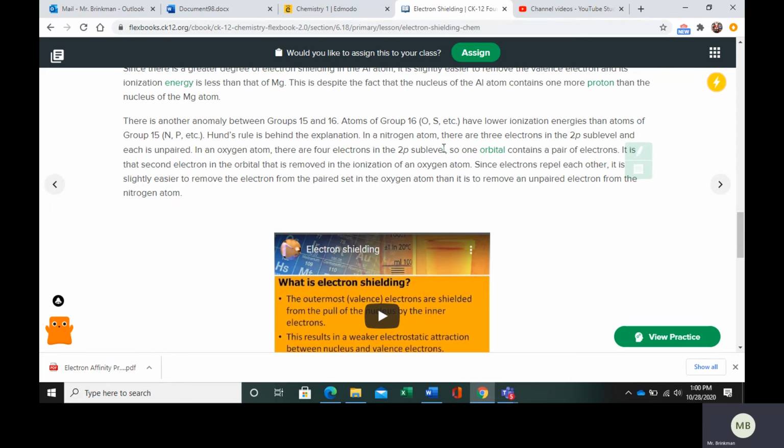So we have 2 unpaired and 2 that are paired. Because of this pair of electrons and because of the repulsive force of these 2 electrons between each other, it is going to be easier to remove an electron from the electron pair in the oxygen atom than it is to remove an unpaired electron from the nitrogen atom.